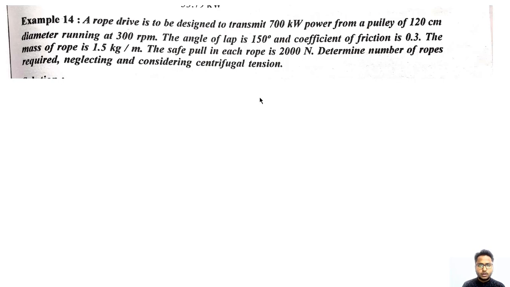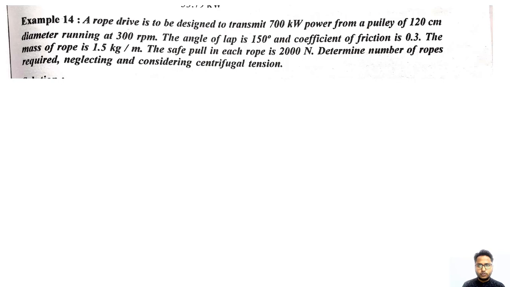So how many ropes are required? Total required is 100, and one rope transmits only 10 watt. So how many ropes are required? Total 10. How does it come? 100 upon 10 equals 10 ropes are required to transmit the total power of 100.